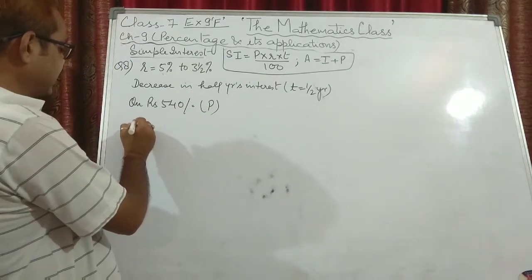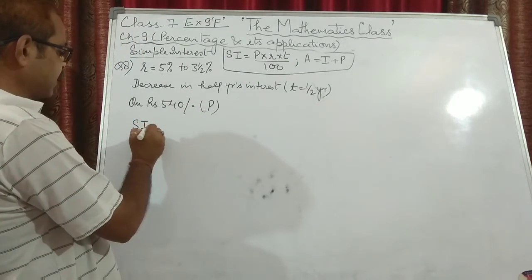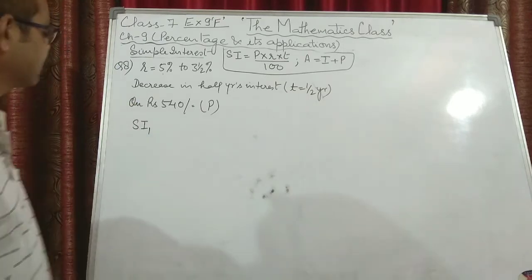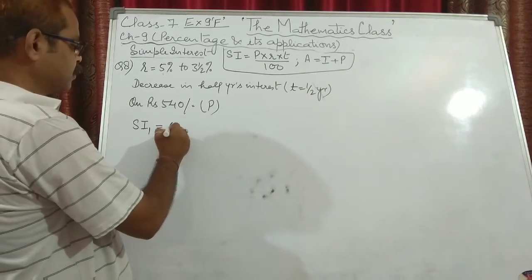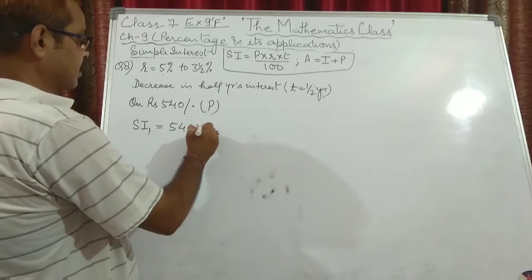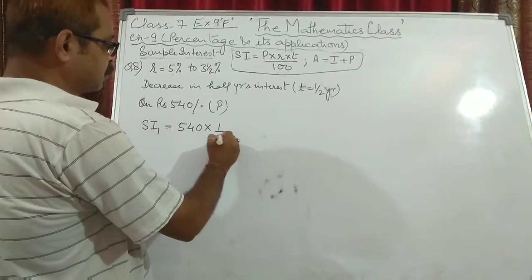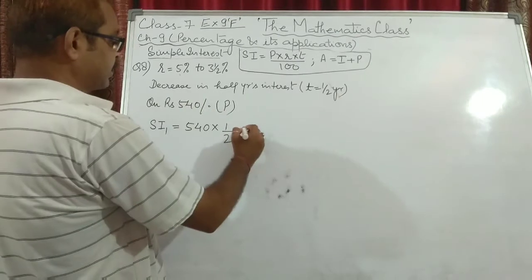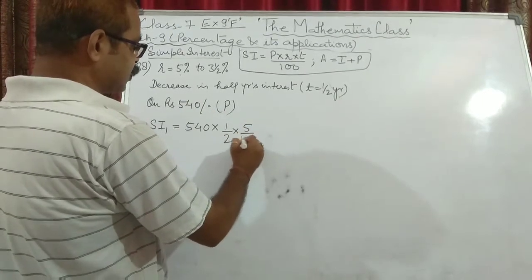First we will calculate interest on 5%. I am writing SI1. So principal is rupees 540. Time is 1 upon 2 years and rate of interest is 5%. That is 5 upon 100.